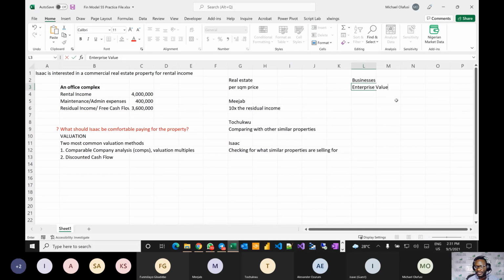When it's a company, it becomes enterprise value. So enterprise value per what now? Is it per the revenue the business makes? Enterprise value per, maybe net profits. Enterprise value per what else?